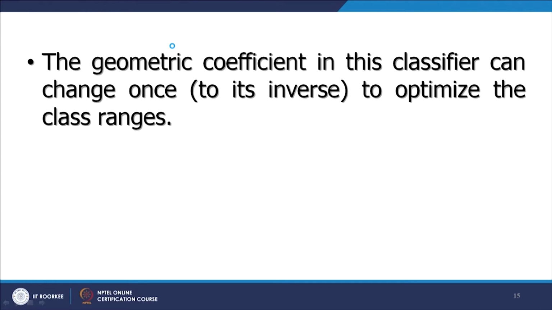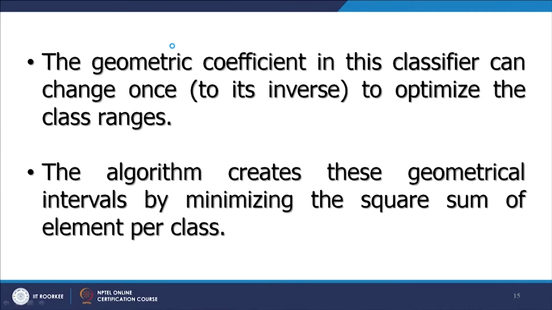And the geometric coefficient in this classifier can change once to its inverse to optimize class ranges, because one should not go for large class ranges that group together. This geometric classification algorithm creates these geometrical intervals by minimizing the square sum of elements per class. So, like Jenks minimizes the sum of variance, here it is the square sum of variance basically.